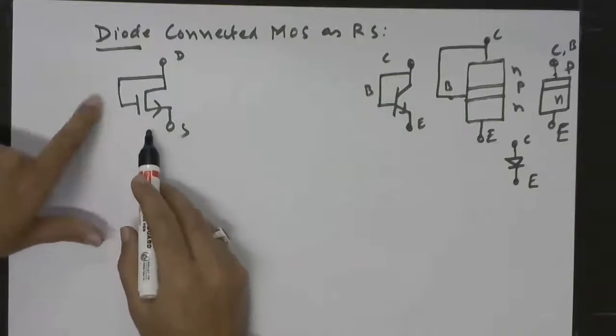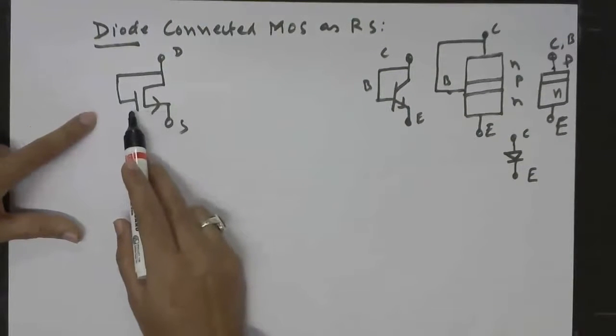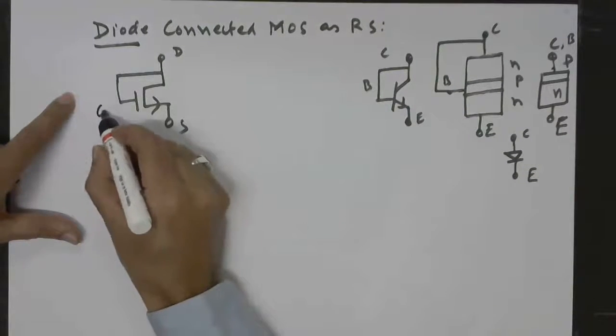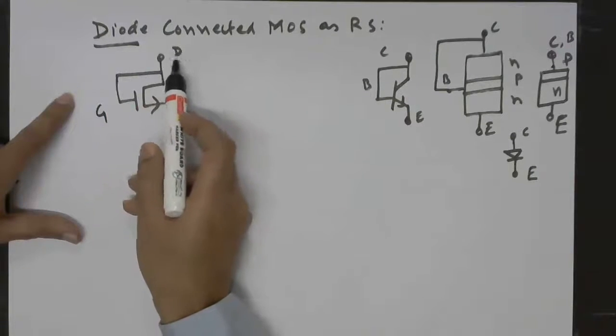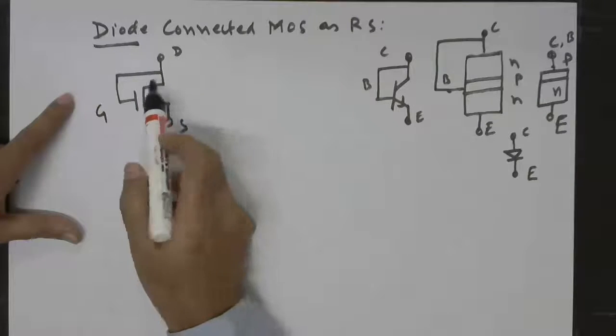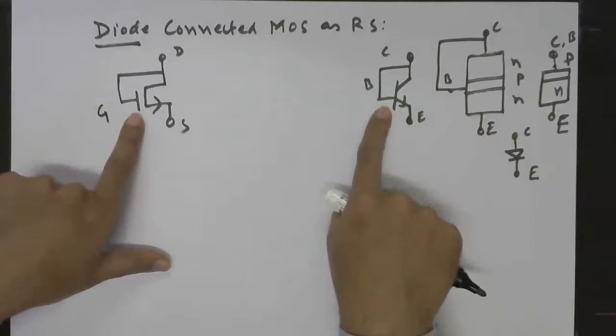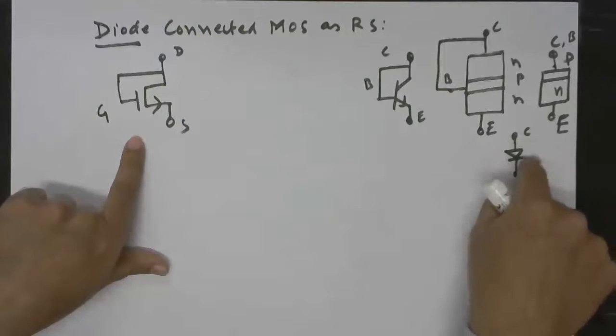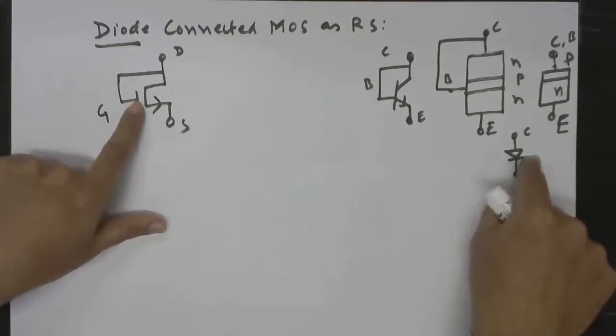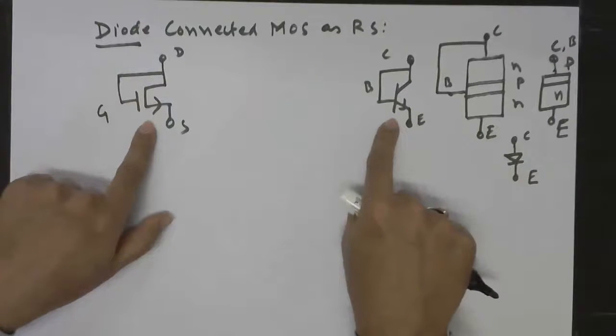Now if you come to MOS, then here the controlling node is gate. So if we connect the gate with the drain, which is usually the output node, then we have the same connection here. But keep in mind that this does not lead to a PN junction kind of behavior, right? So the similarity ends here.